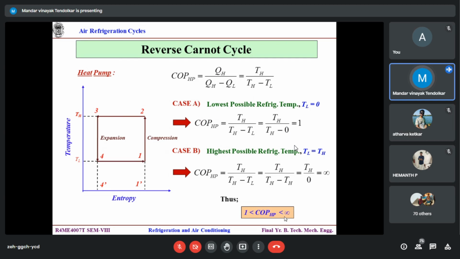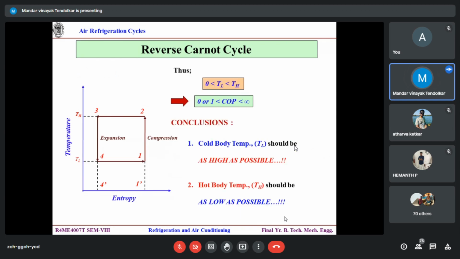So this is how we can recollect whatever we had learned in SEM 3 thermodynamics. And this is that funniest part of the conclusion which we discussed in the last chapter: the cold body temperature should be as high as possible, and hot body temperature should be as low as possible.